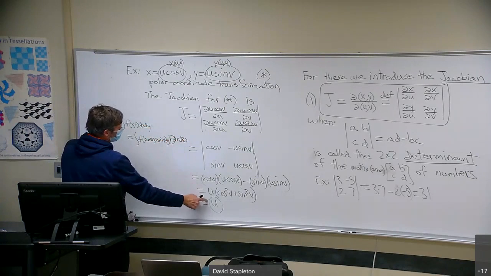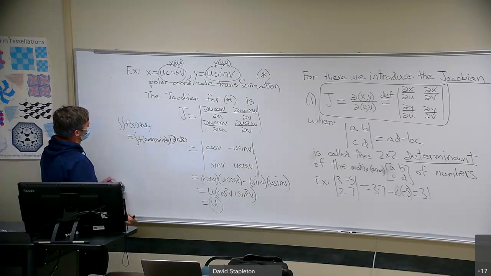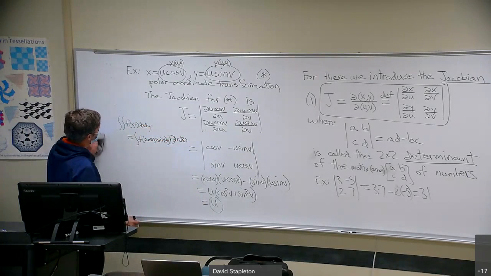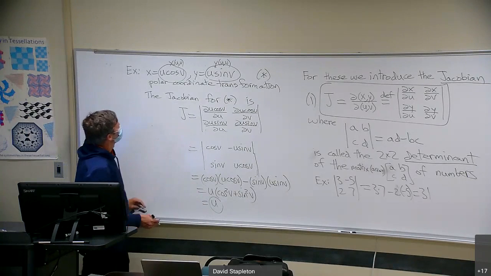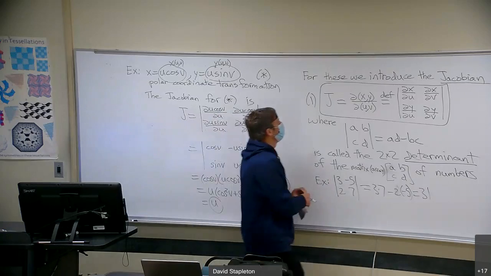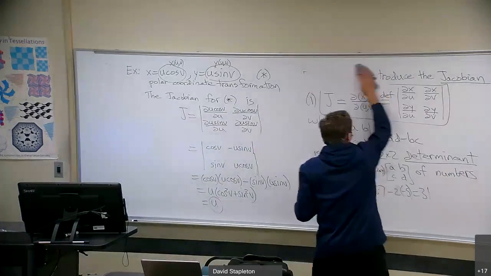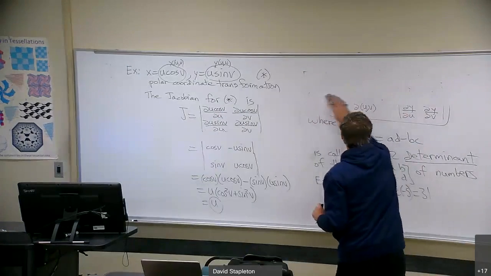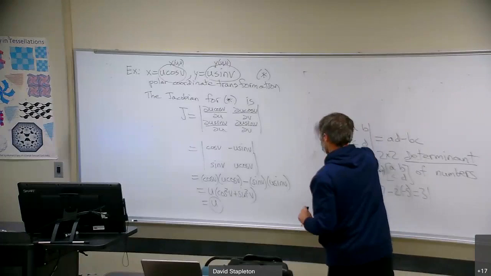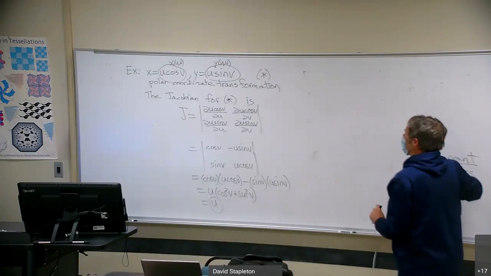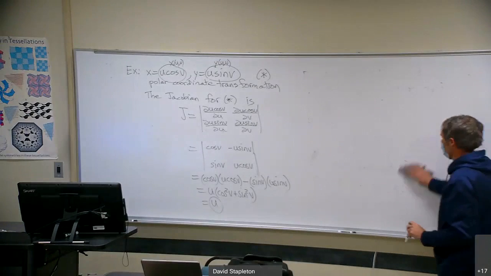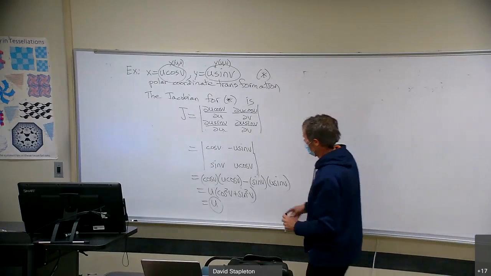That r is actually coming from the Jacobian, it turns out. So we'll point that out as we go along. But there's where the Jacobian comes in. It's the transformation. So there's the transformation for polar coordinates. We find out the Jacobian comes out to be u or r.